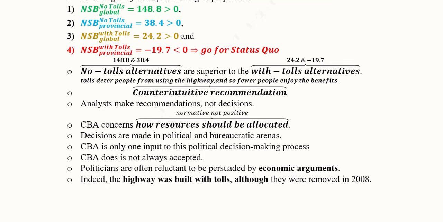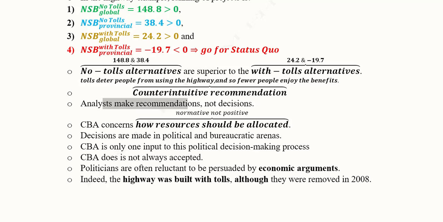Now the no toll alternatives are superior to the with tolls alternative because toll can discourage the travelers. But it might not be the case that we go with the intuition. There are other factors that determine the final decision. Basically, the tolls deter people from using the highway, and fewer people will enjoy the benefits of the highway.